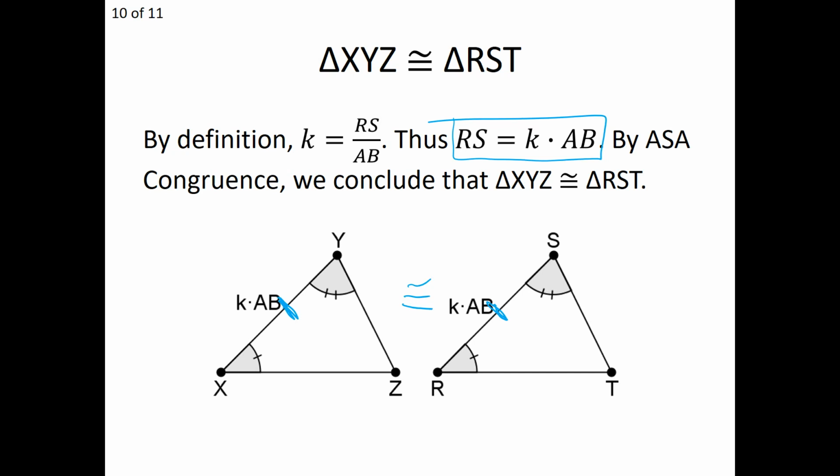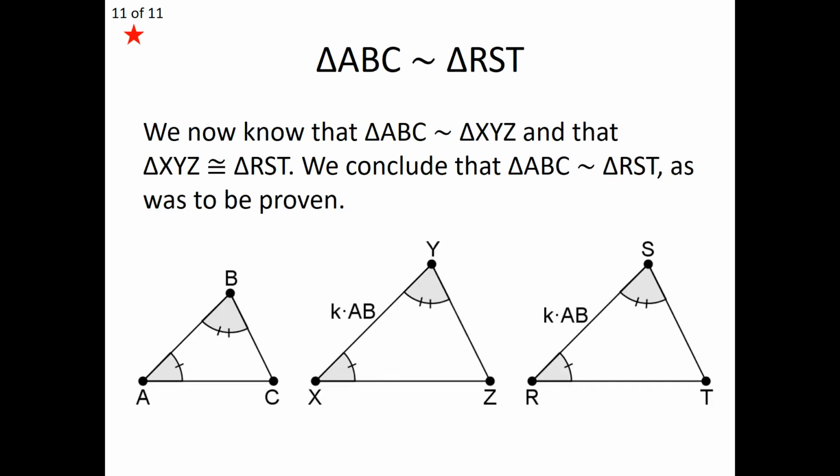So let's bring these guys together, and we can officially conclude now that triangle ABC is in fact similar to triangle RST. Here's why. Because we produced triangle XYZ to do two things. It is, by construction, similar to our first triangle ABC. And with our angle side angle congruence, it is congruent to our triangle RST.